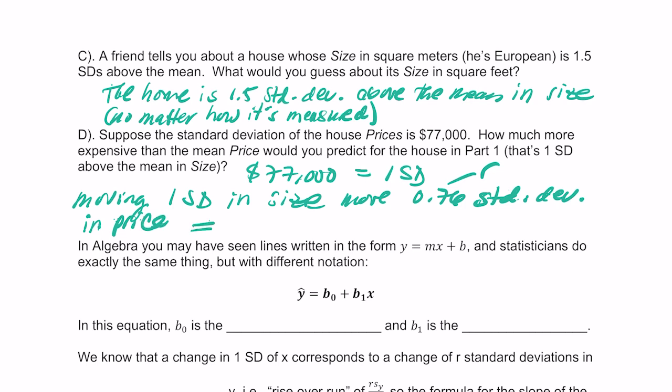You can think of it like this: that would just be 0.76 times 77,000, because think of it as 76% of 77,000. And that's $58,520.